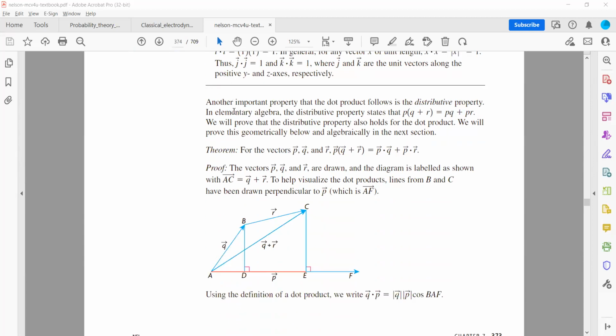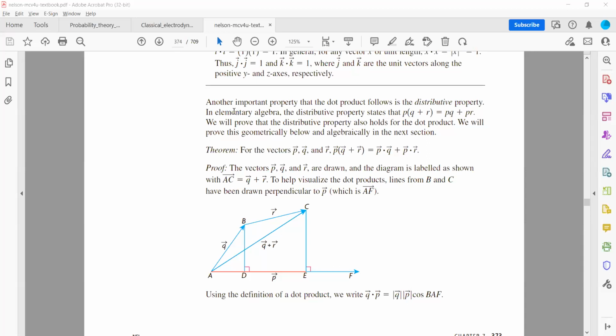And another important property that the dot product follows is the distributive property. In elementary algebra, the distributive property states that the product of p times q plus r in brackets equals p times q plus p times r, and that's pretty obvious. And we will prove that the distributive property also holds for the dot product.